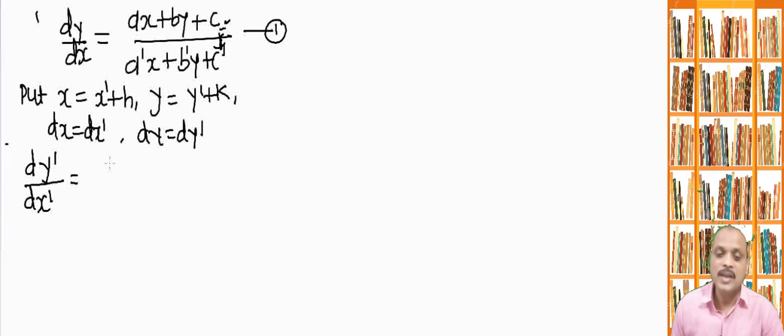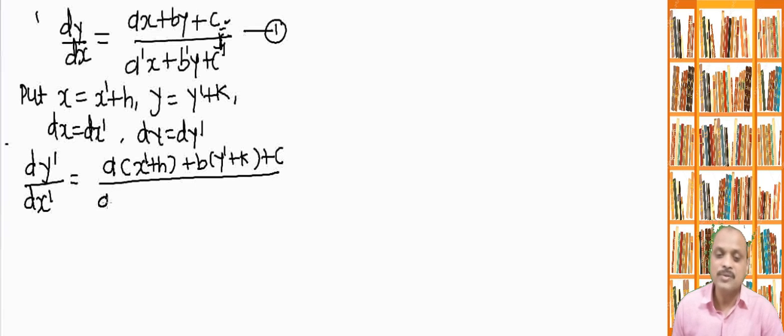Now a into (x dash plus h) plus b into (y dash plus k) plus c, divided by a dash into (x dash plus h) plus b dash into (y dash plus k) plus c dash.